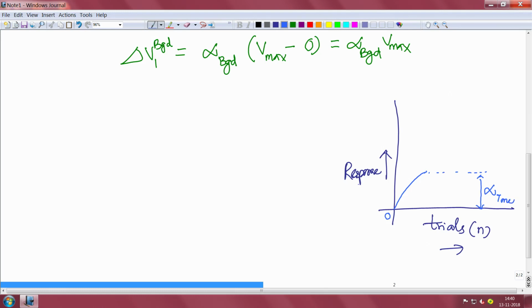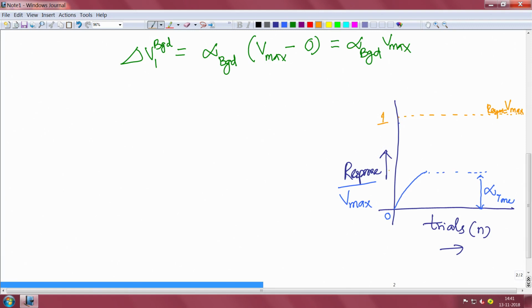So, what I am going to do is make my plotting easy. I am going to look at the response divided by my V max. So, you can see in this axis that the maximum value each of them can take is V max, but that V max is equal to 1, because the response equal to V max, in this axis, would correspond to 1, since I am taking the response by V max as my measure.